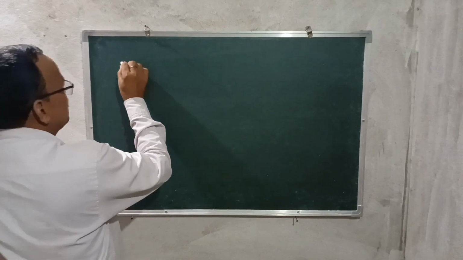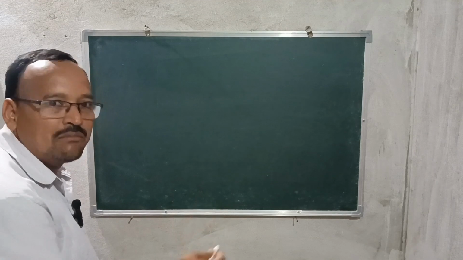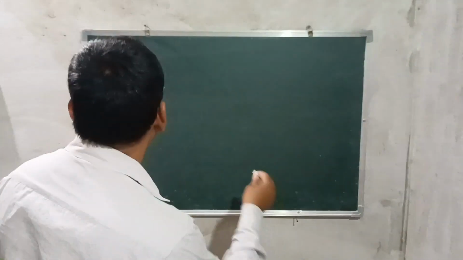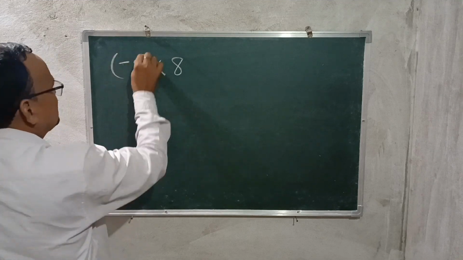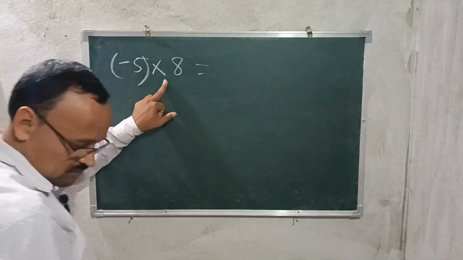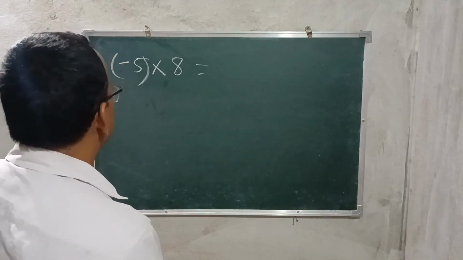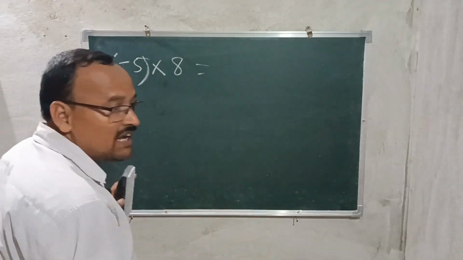Suppose minus 5 into 8. First, product of the sign.